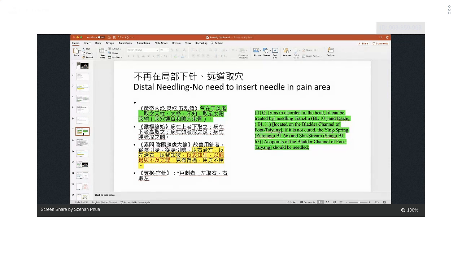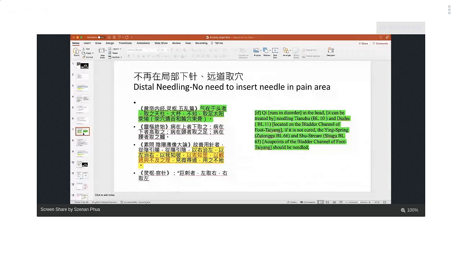According to the Huangdi Neijing, just look at the green part. If you're a Chinese speaker, you can look at the Chinese one. In English, it says qi runs in the shoulder, in the head. And what kind of qi is that?